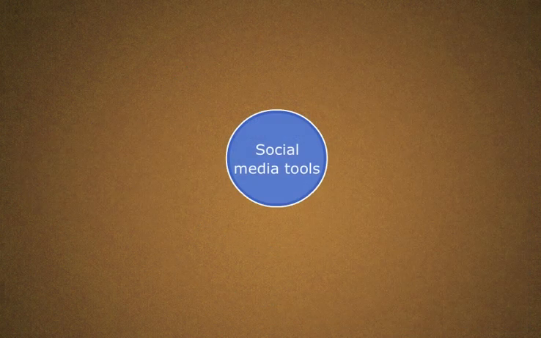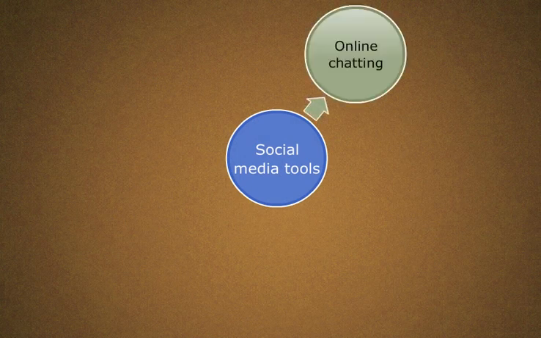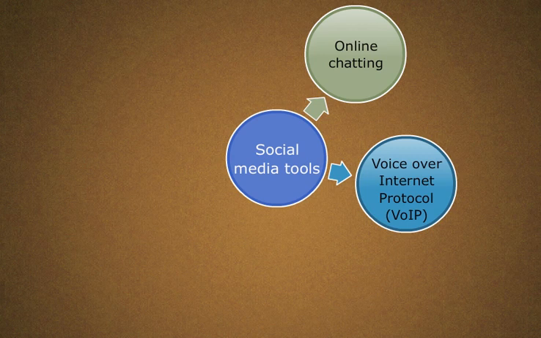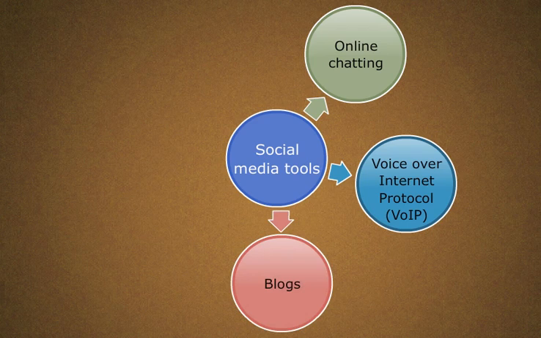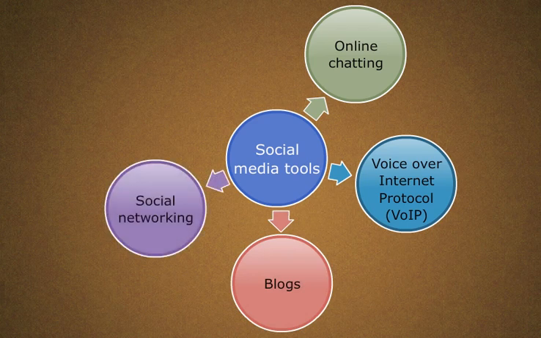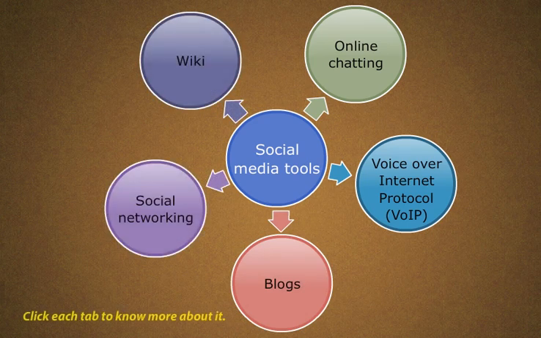Let's learn about some of these social media tools in detail. These are online chatting, Voice over Internet Protocol or VoIP, blogs, social networking, wiki. Click each tab to know more about it.